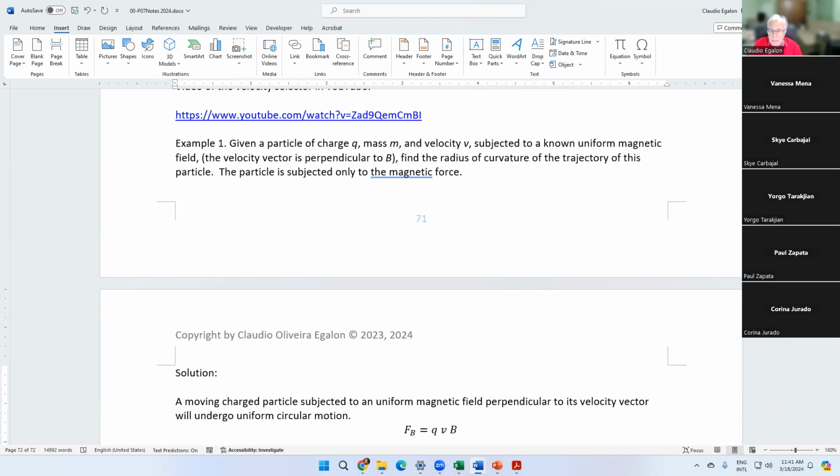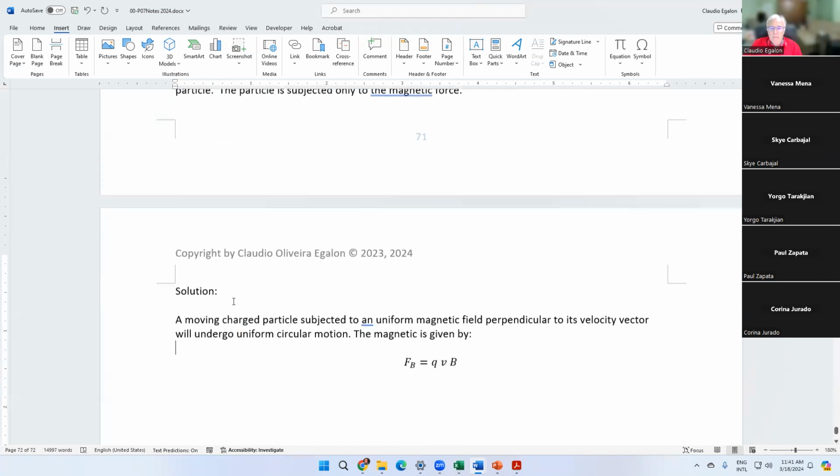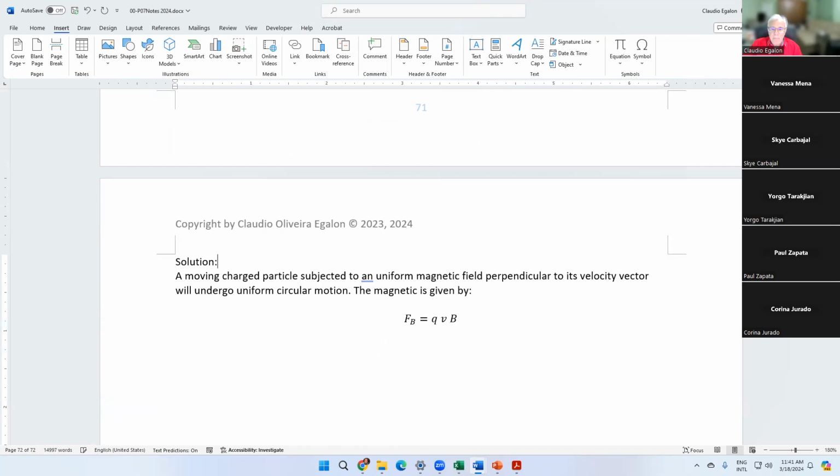The magnetic force is given by QVB. The magnetic force is the only force acting on the particle.